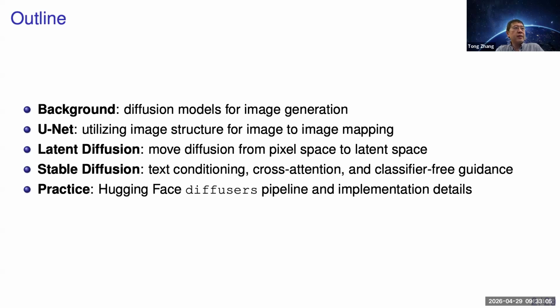This is now a standard way to work with images in terms of balancing computation as well as the quality. And particularly, stable diffusion is one which uses this latent diffusion model with things like text conditioning and cross-attention.